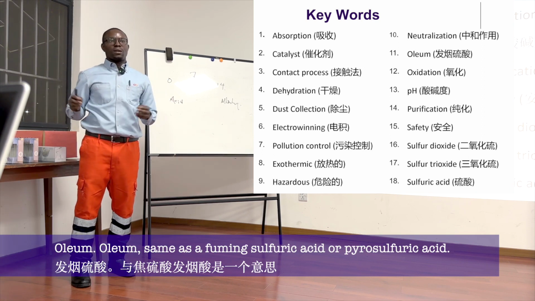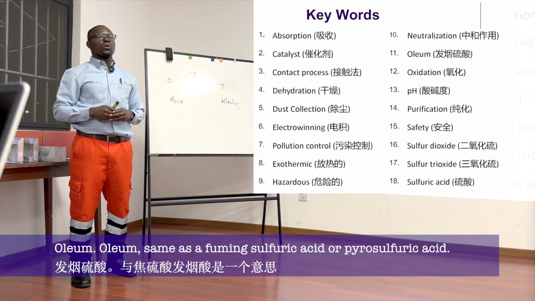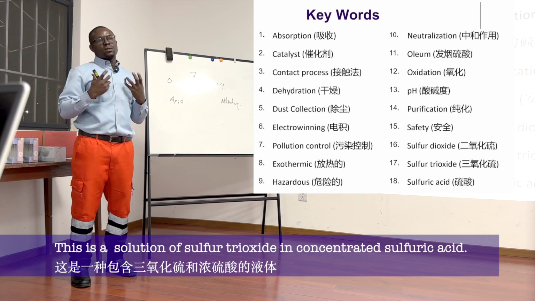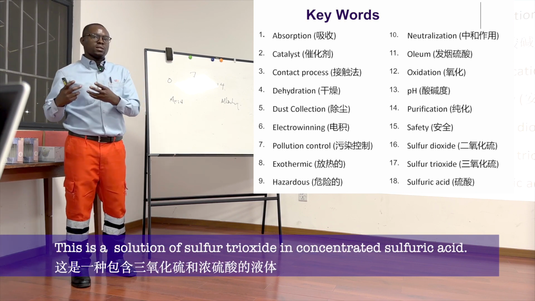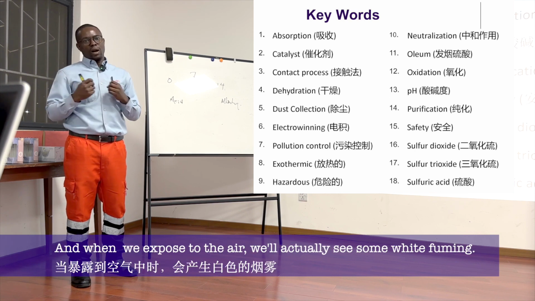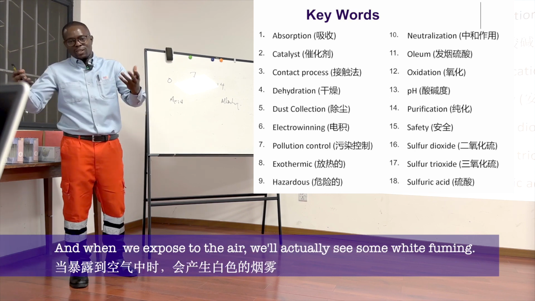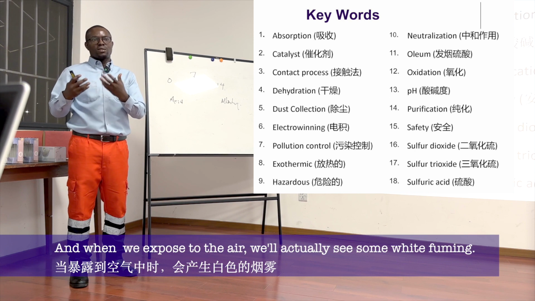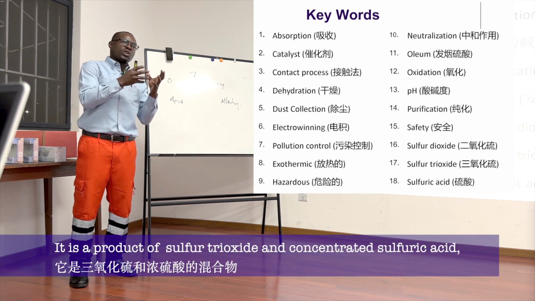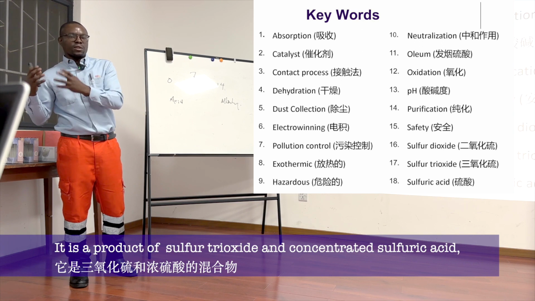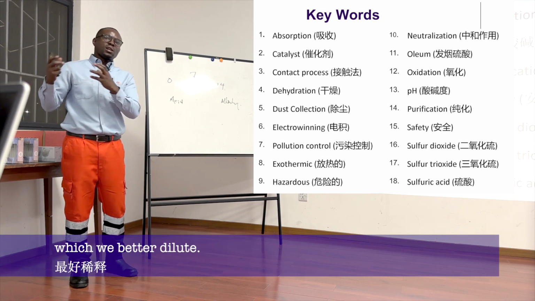Oleum, same as fuming sulfuric acid or pyrosulfuric acid. This is a solution of sulfur trioxide in concentrated sulfuric acid. And when we expose it to the air, we'll actually see some white fuming. It is a product of sulfur trioxide and concentrated sulfuric acid, which we later dilute.